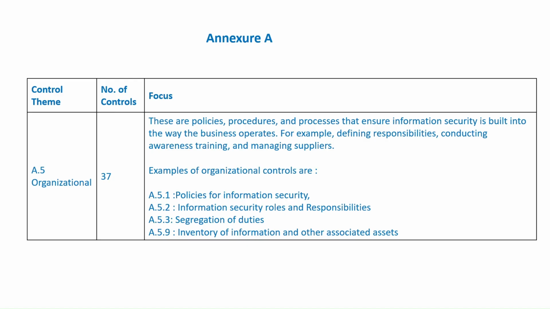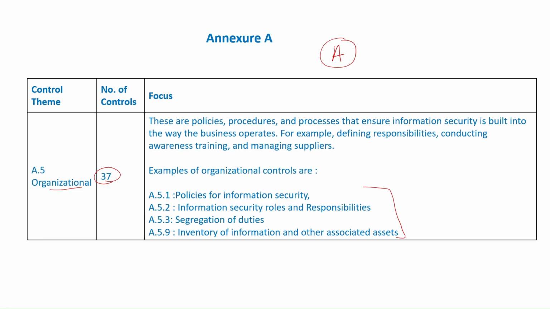A.5 organizational. Whenever there is an A next to any of the controls, understand that it is Annexure A. Under Annexure A.5 organizational control, you will have 37 controls. These are a few examples that I have mentioned here, but you will have 37 such controls.